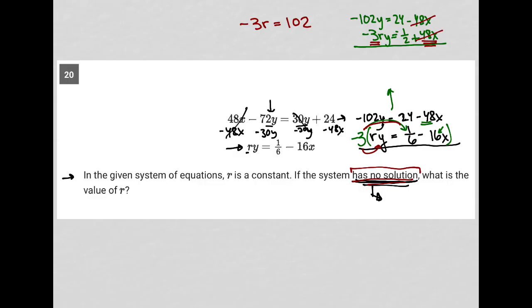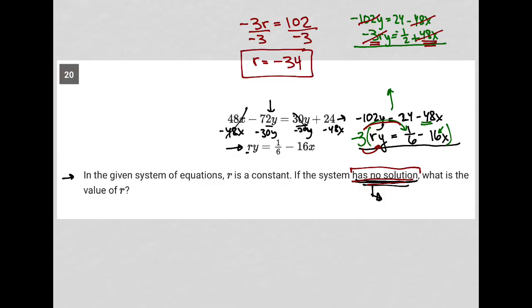So that's why I know that negative 3r must equal positive 102, because that's how these two things would cancel out. So I divide by negative 3. Go to my calculator. 102 divided by negative 3 is negative 34. So I get r is equal to negative 34. And that's the answer. R is equal to negative 34.